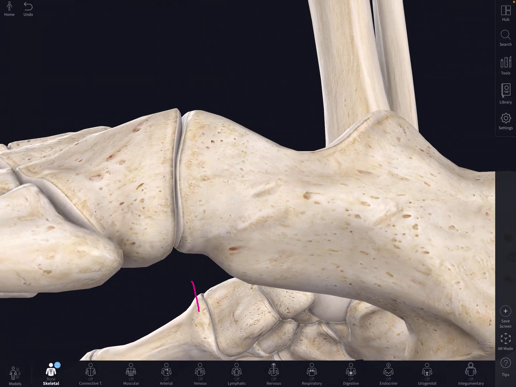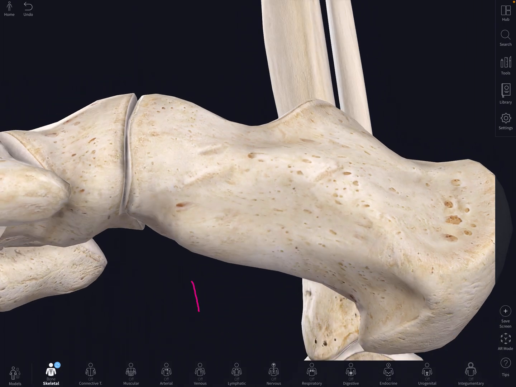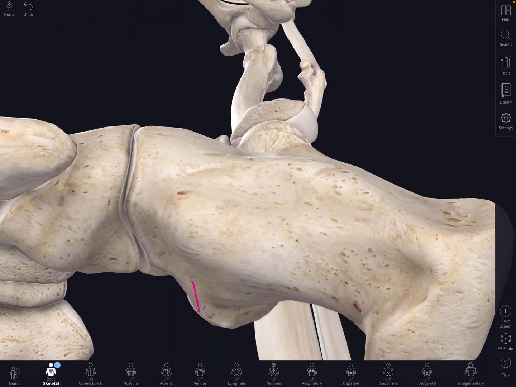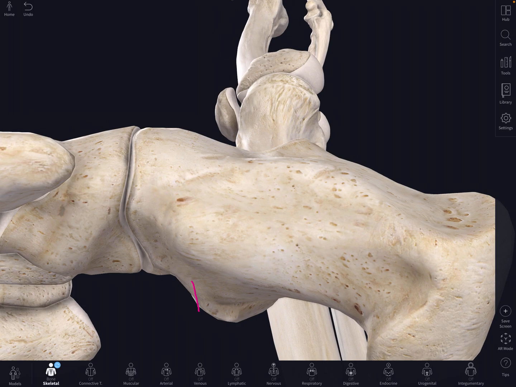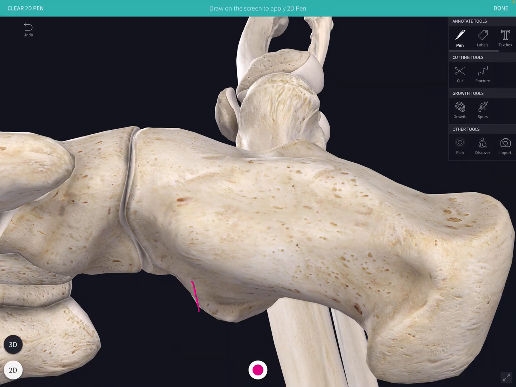When I was talking about the two tubercles on the inferior or the plantar surface, we've got the lateral tubercle over here and the medial tubercle over here.